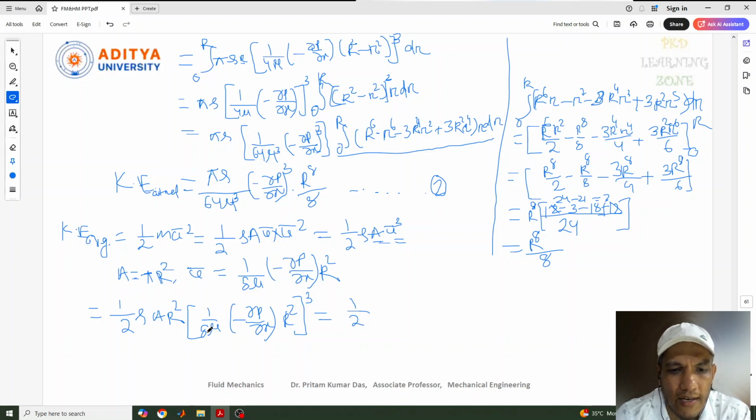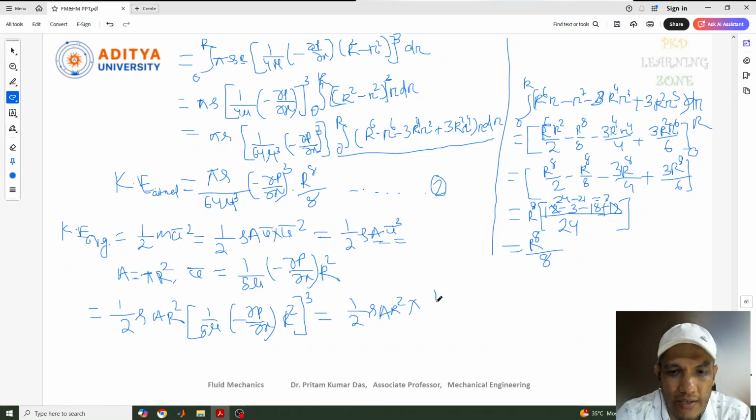Now outside 2 is there. Let's write 1 by 2, rho A r square into, a few terms are there here that you take outside. That means this 1 by 8 mu whole q will be there.